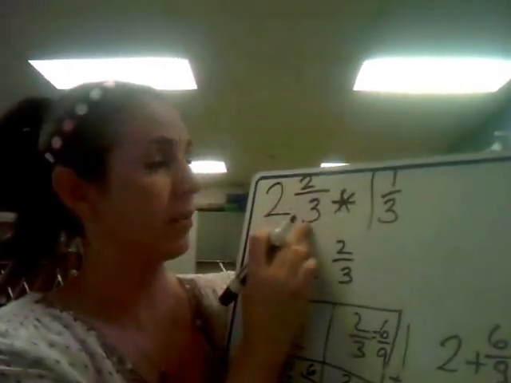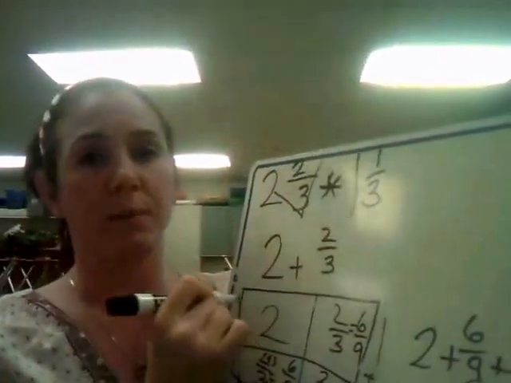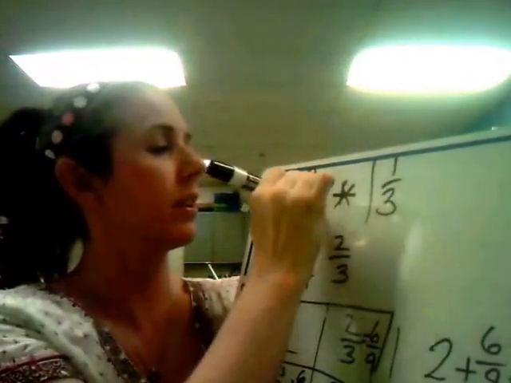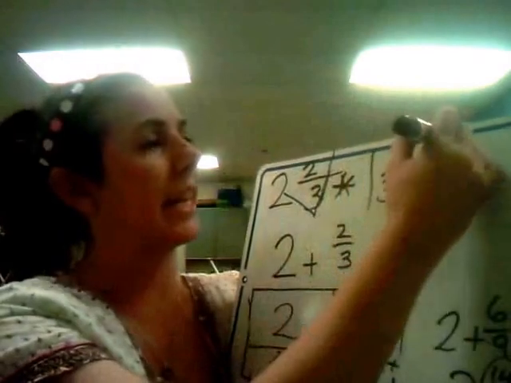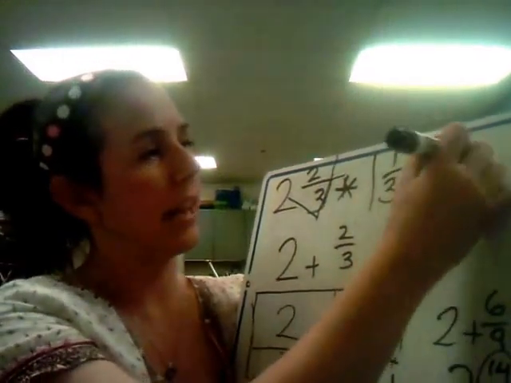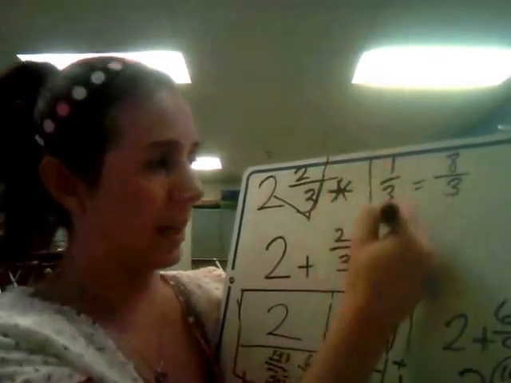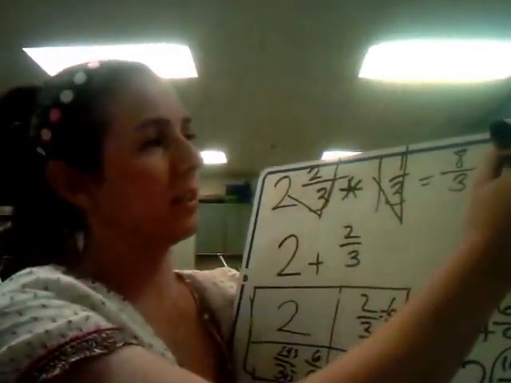So 2 times 3, I call it check mark because you go down, you go 2 times 3, and then you go up and you create that check mark. You add. So if I went up like I should, that makes an addition symbol. So 2 times 3 is 6, plus 2 is 8. And the denominator was 3, so thirds. This one, 1 times 3, plus 1, so 4/3.